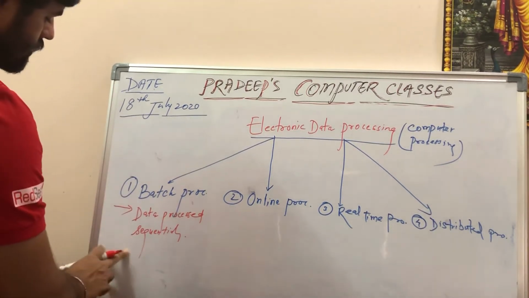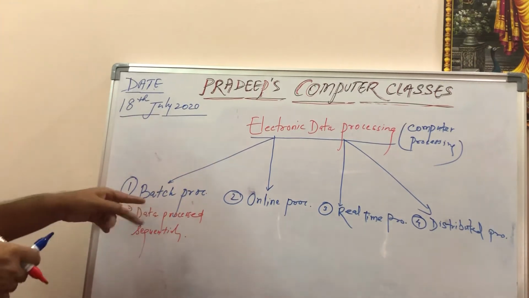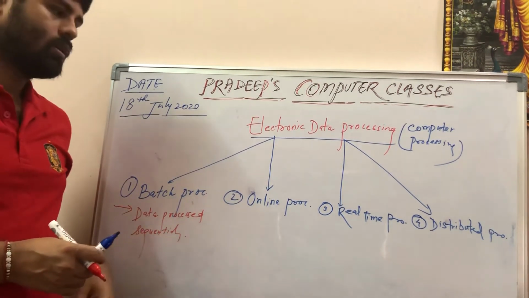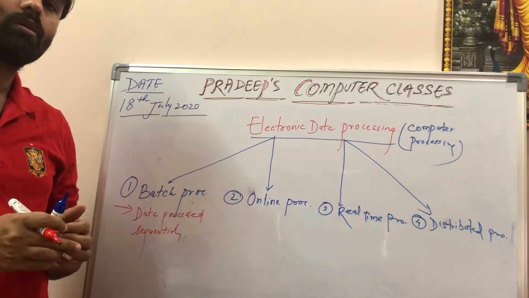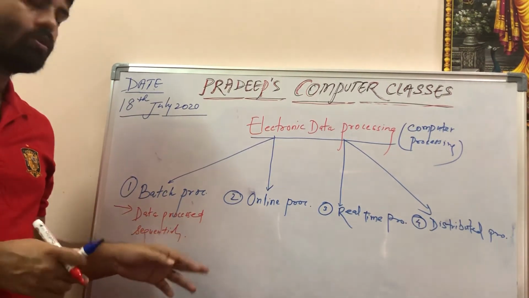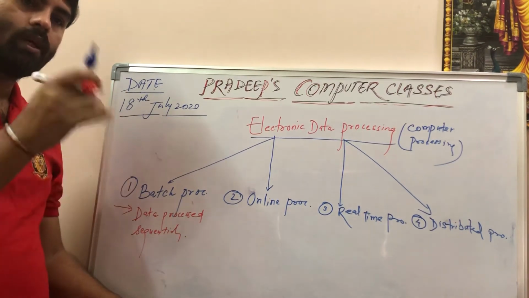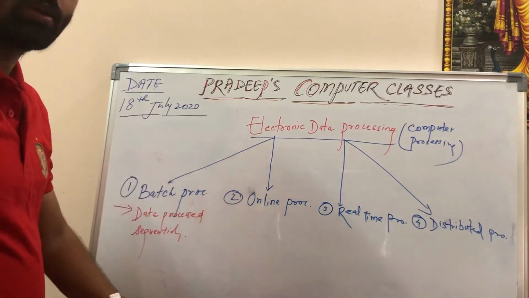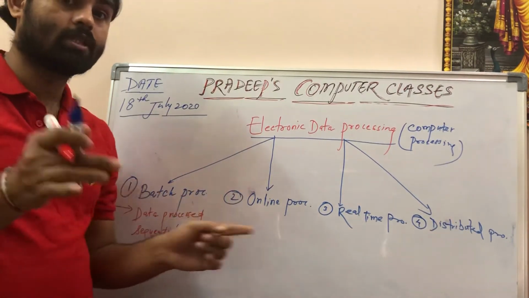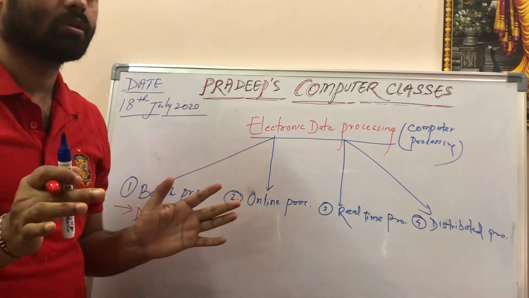Let us understand a little bit more. You can ask what is the meaning of sequence. Sequence means your roll number is 1, then 2 will come, then 3, then 4, then 5. That is the sequence. You cannot say 1, 2, 5, 7, 8, 9. That is not a sequence.